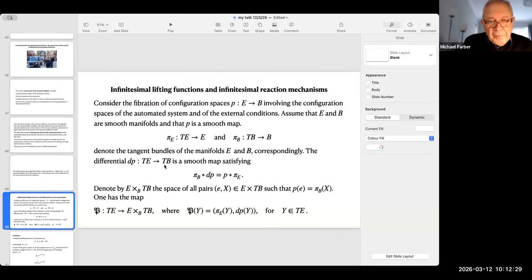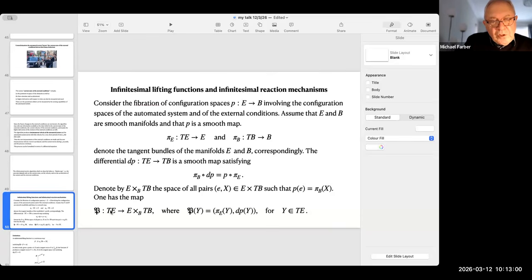And we have this differential of the projection. So every tangent vector to the total space, you can project it. It gives you a tangent vector on the base, and they are related by this formula. Anyway, so we have what I call fancy P, capital P. It is the following map.